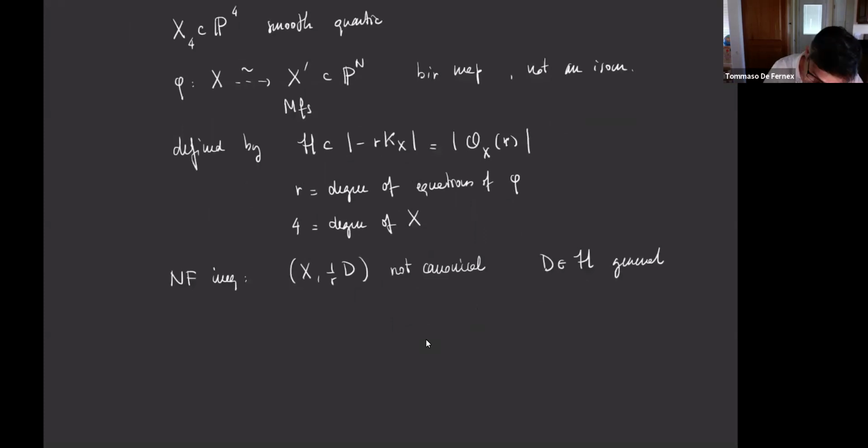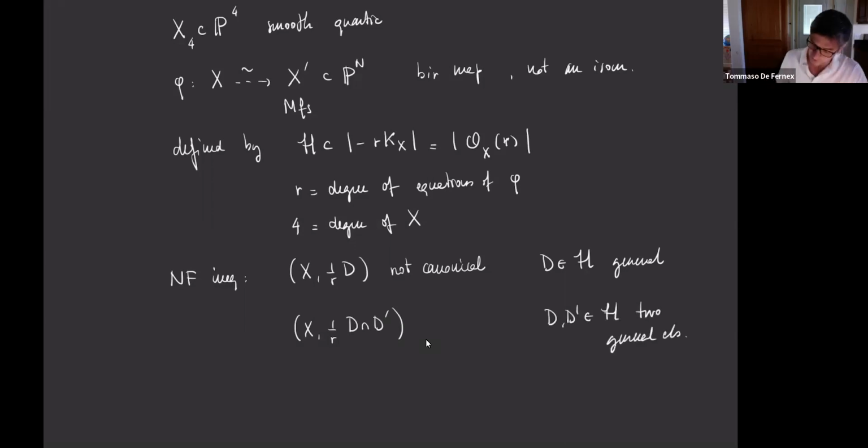In fact, I also have something more because there's some freedom. I can also look at the following pair, which is D intersect D prime. So D and D prime now are two general elements in the linear system.